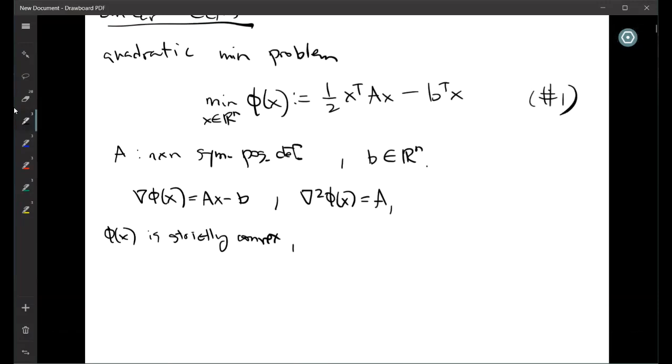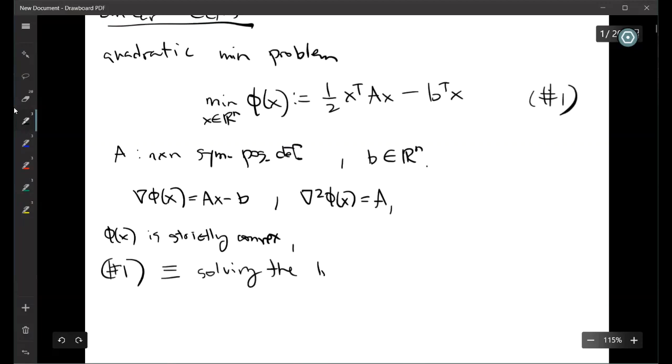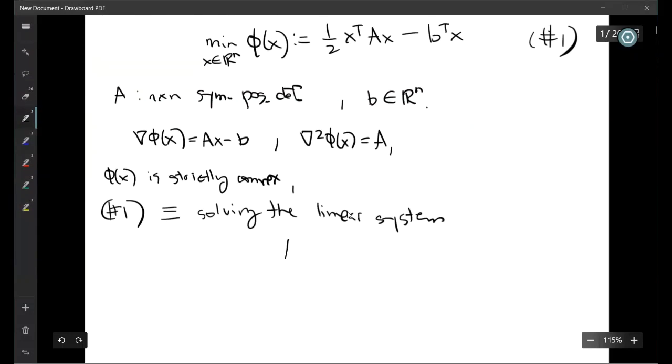So from the previous lecture, hashtag 1 is equivalent to solving the linear system Ax equals b.